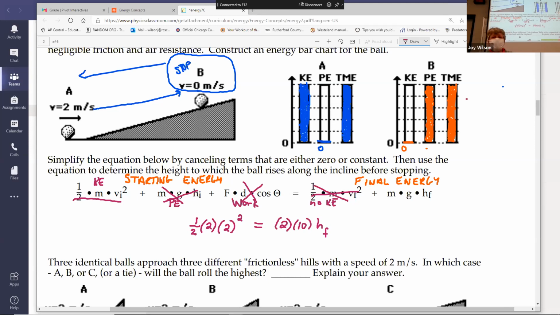So what do we get for the left-hand side? 1/2 of 2 is 1, and 2 squared is 4. So we get 1 times 4 has to equal 20 HF. So what does HF equal?